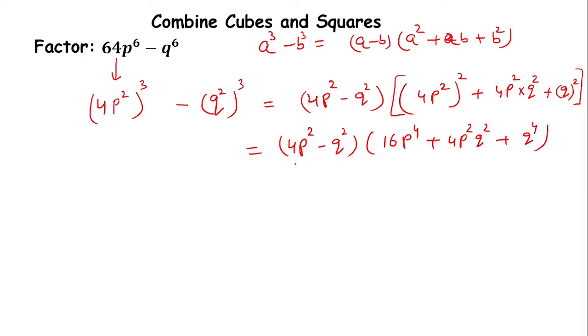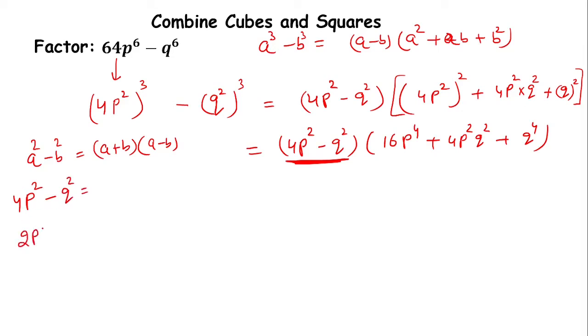My dear, can you factorize these two again? If you remember, we have one more identity, a square minus b square is equal to a plus b, a minus b. So how can we factorize 4p square minus q square? What is the method? If you agree, I can write this value as 2p whole square and q square as q whole square.